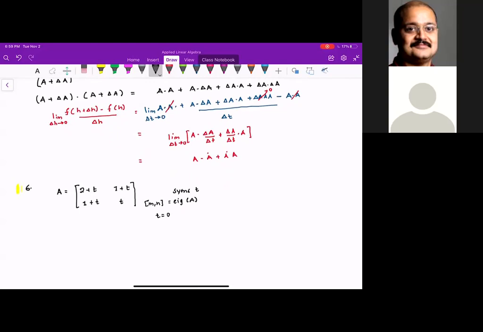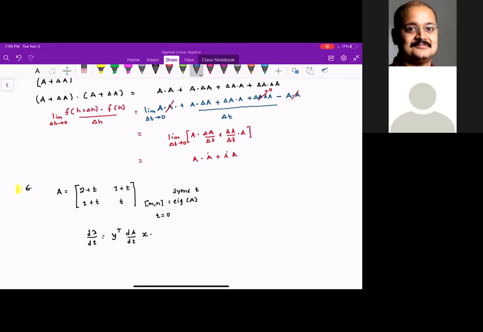Is that what you're saying? Or what do you mean not able to verify? Oh, you mean d lambda by dt is equal to y transpose dA by dt x. Okay.